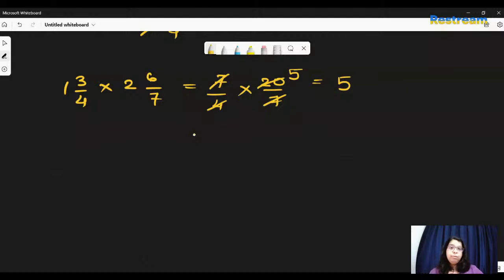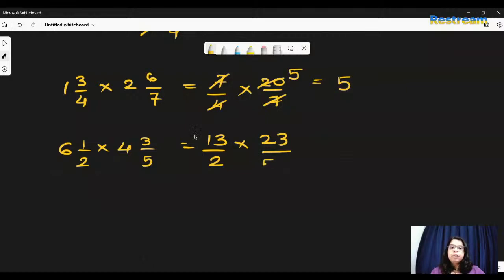Now one more. 6 1 by 2 multiplied by 4 3 by 5. So it is going to be 13 by 2 multiplied by 23 by 5.